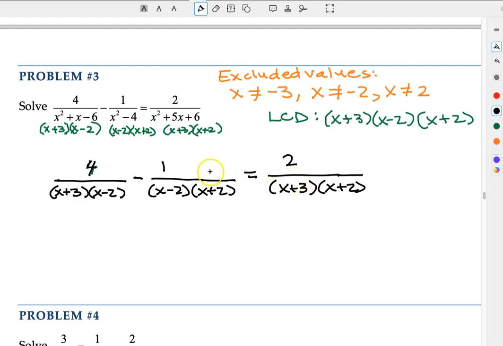So we are multiplying each part by the LCD, because remember, this is helping us make sure that we can get rid of the denominator.